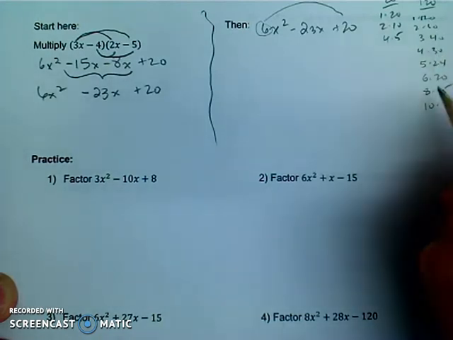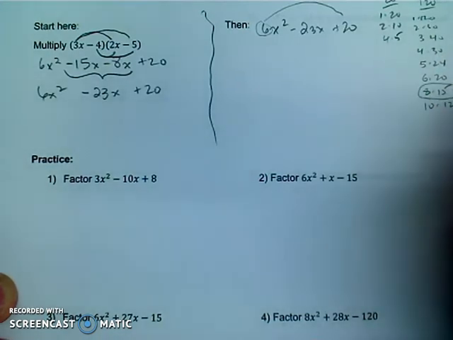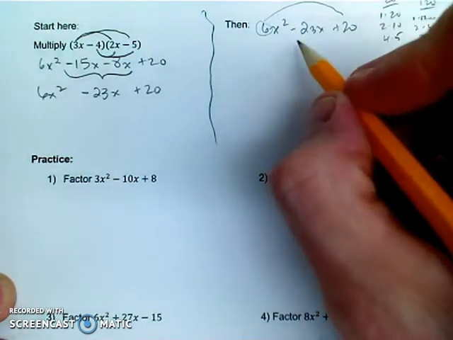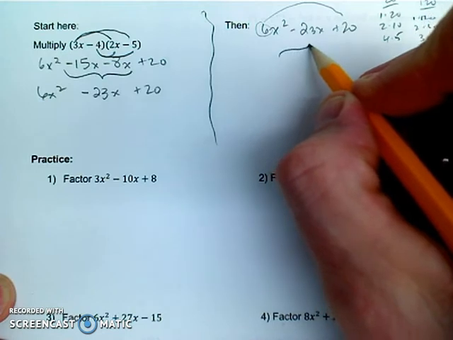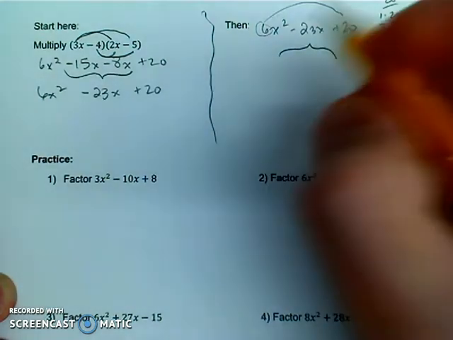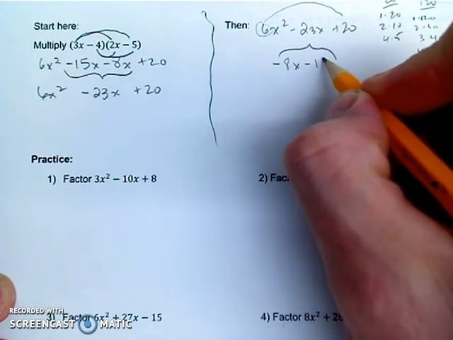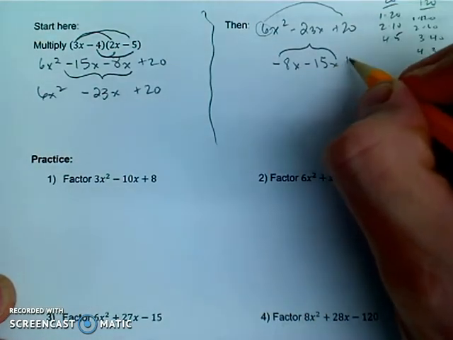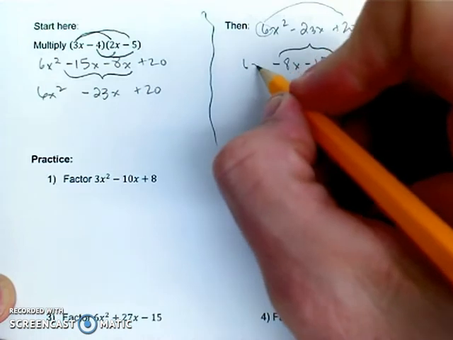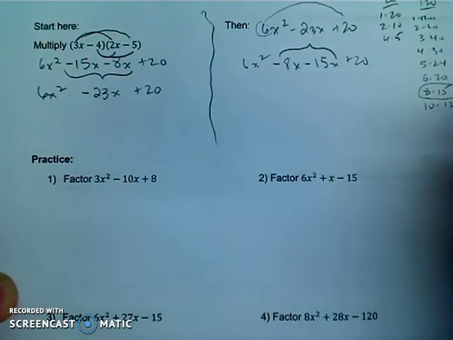And I look down my list and I see 8 and 15. Here's how we're going to approach this. We're going to take this negative 23x and rewrite it as negative 8x minus 15x, and then bring in my x squared term and my constant term.